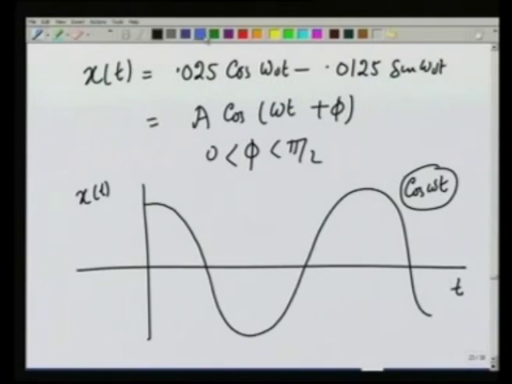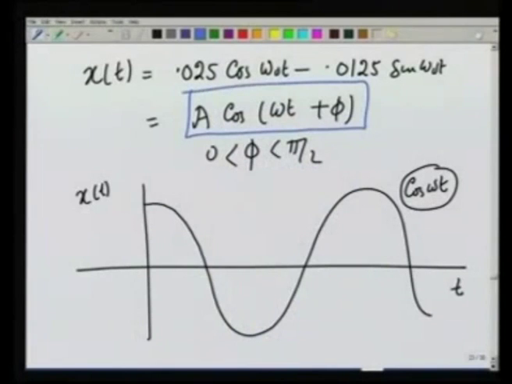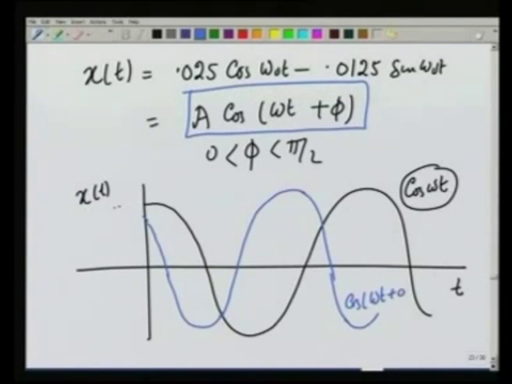The function that I have now is this. It will start somewhere from the back side and go like this. This is cosine omega t plus phi, with phi greater than 0 but less than pi by 2.